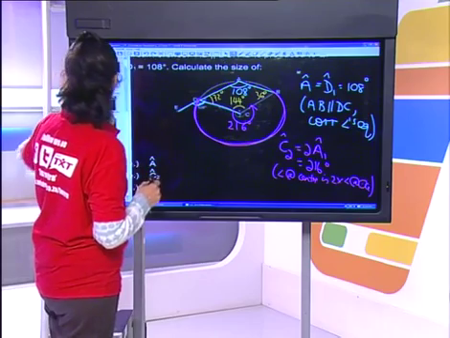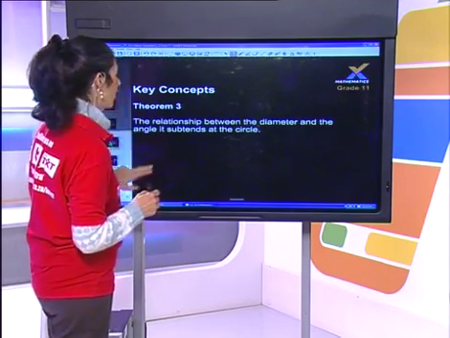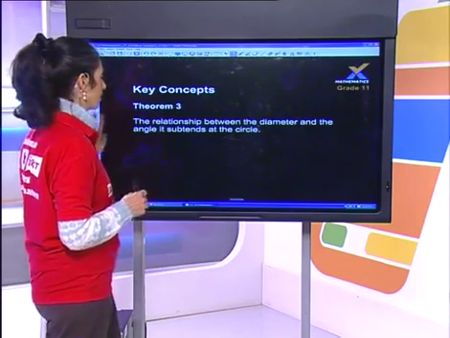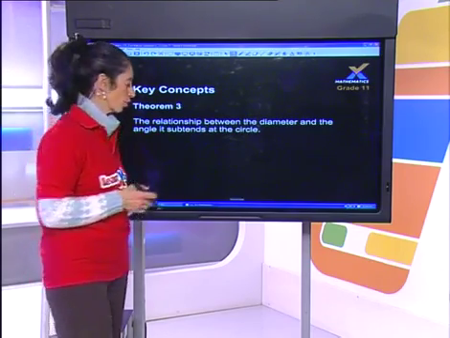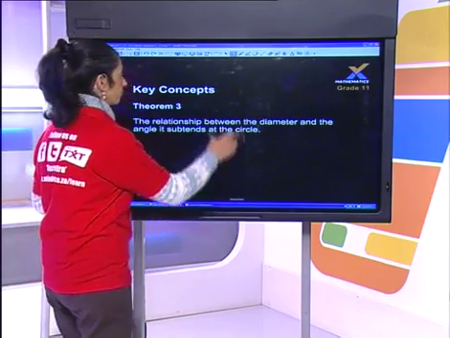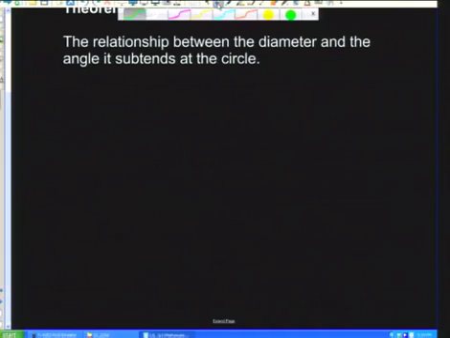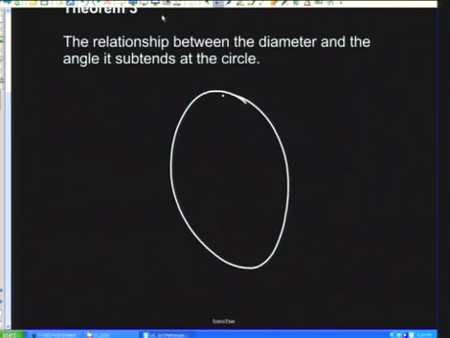Let's just see if we can add something else onto it. Okay, let's add something else. What is the relationship between the diameter and the angle that subtends at the circle? So I've just worked with you with an angle at the center that is acute and is obtuse.